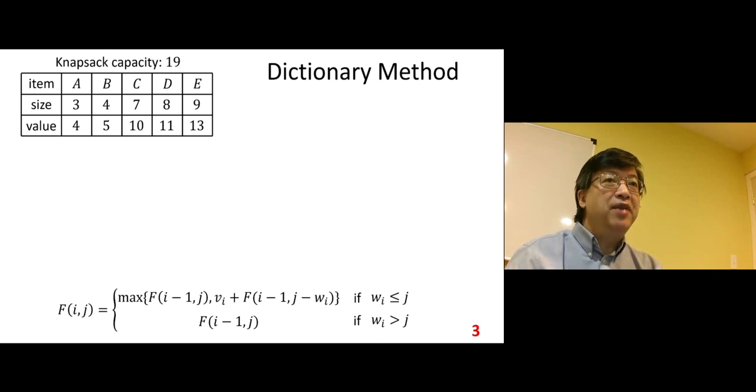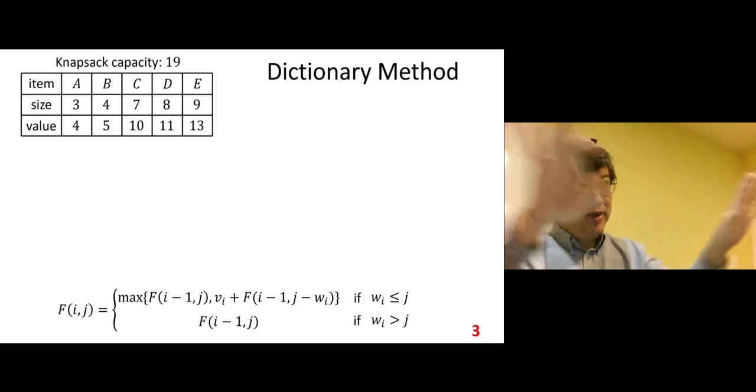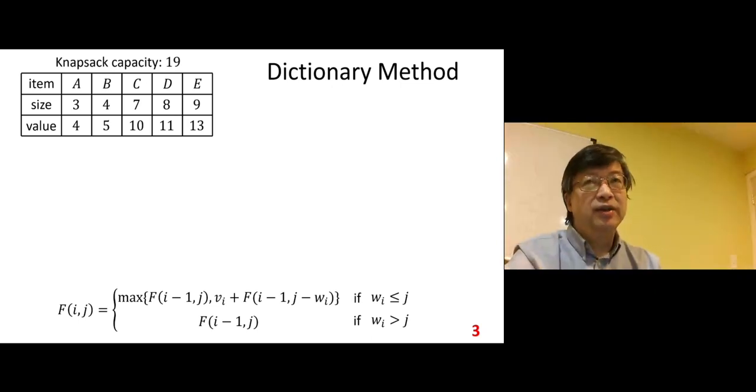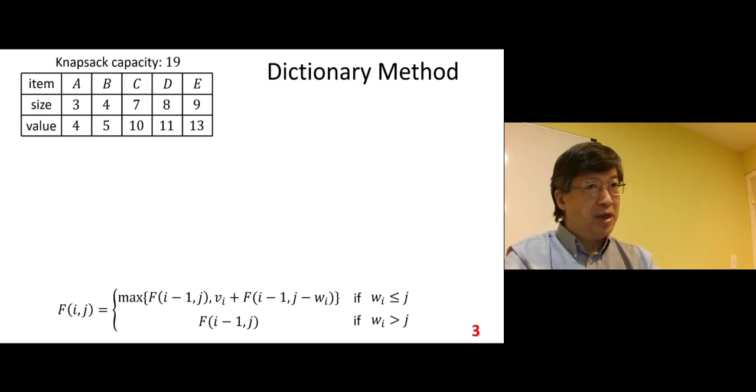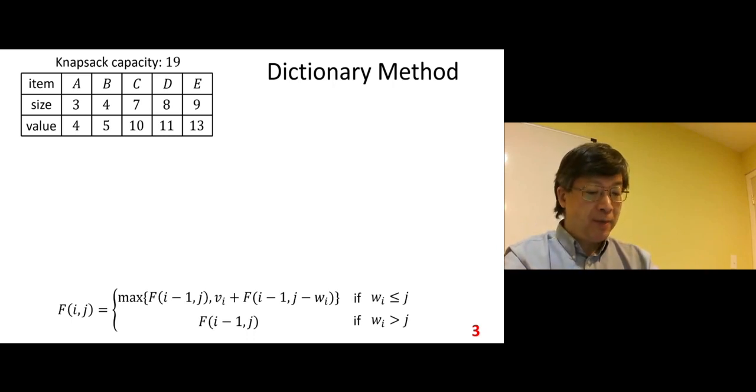Here, we use that dictionary method. We need to draw that dictionary, so we can look up the intermediate calculated values in it. How to do it? Because it's a lot of work, let me just go a little fast.